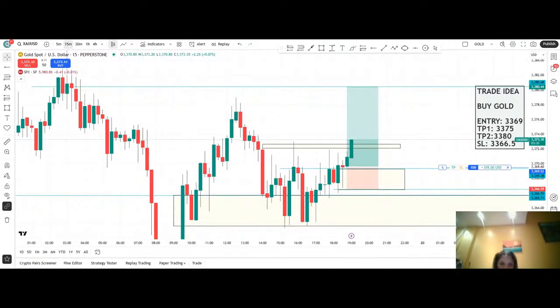Okay, let's go, let's go, let's go. Nice profits, guys, nice profits. And another confirmation now here, it broke this, it completely took out this high now. Nice momentum there, gold.